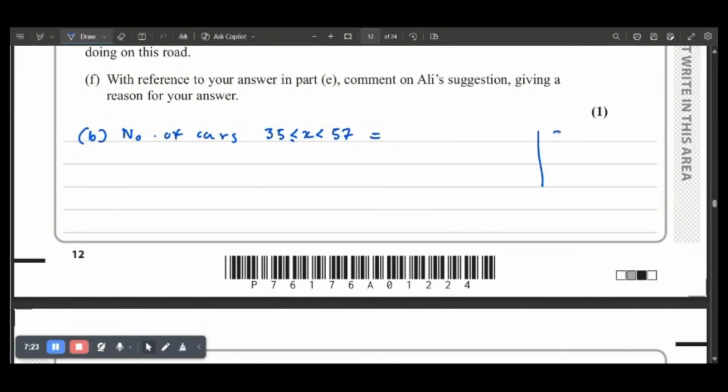We will take the class width of 35 to 40, which is 5, and multiply 5 with the frequency density, which is 6.